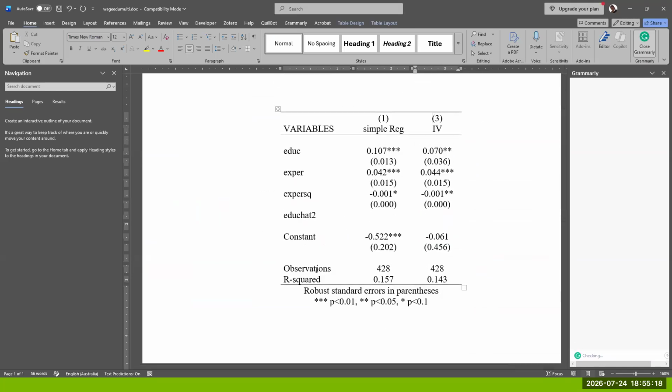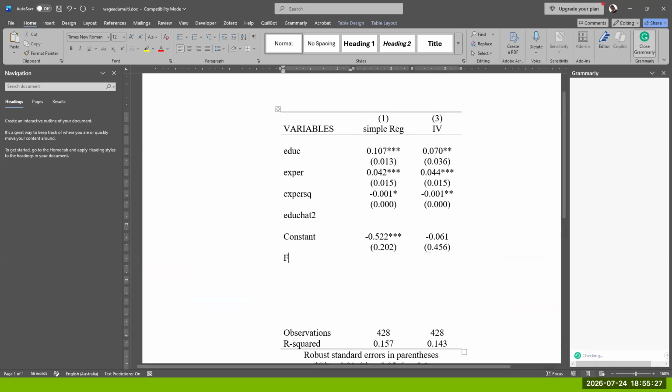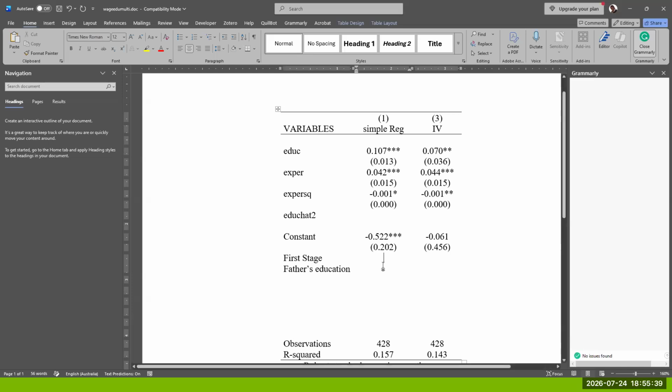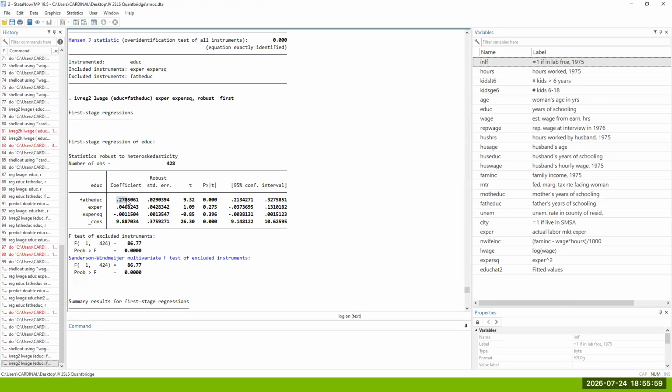So it is up to you to create, let's say, more rows here. And then type in first stage. Here we have father's education. The effect of the father's education on the child's education is that.